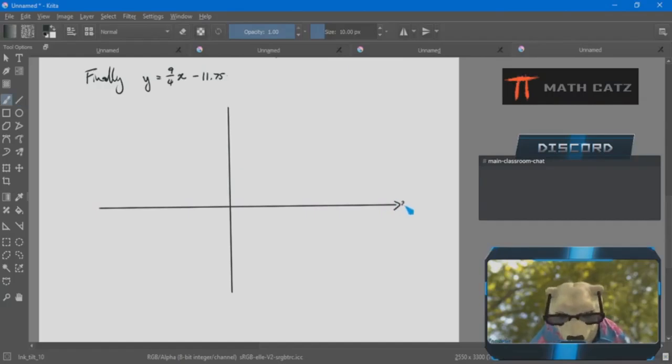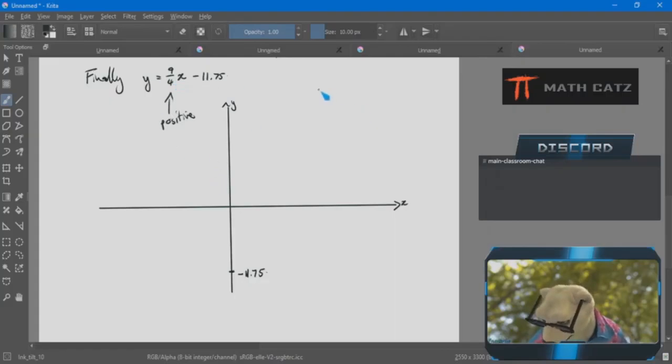And again, it's just a very rough visualization. It doesn't have to be perfect in any way. So our y-intercept, let's just put it over there, negative 11.75. I have a positive slope. Notice that it's positive. So that means a positive change in y, so up is positive, corresponds to a positive change in x.